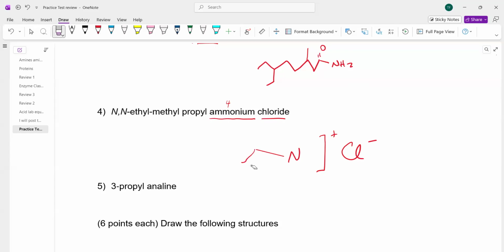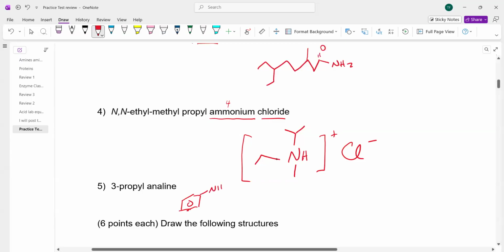Oops, let me draw that. We have a methyl, and we have a propyl. Okay, and then 3-propylaniline. There's aniline. 1, 2, 3.